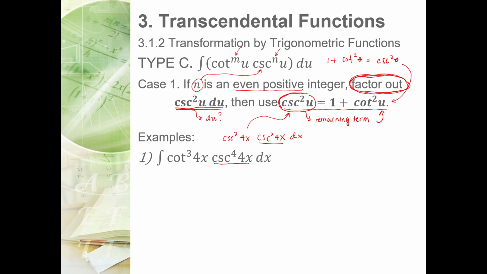Again, it must be cosecant squared u for you to be able to replace the value, because we are using Pythagorean identities. So that's for case number 1. We're only observing the cosecant value, which is the n exponent.